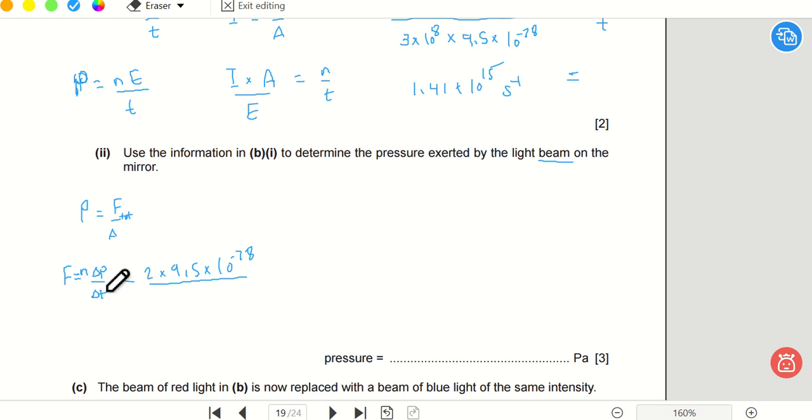Again, N over delta t is the number of photons per time that we calculated here. Okay, so we can write this as delta p over 1 times N over delta t, 1.41 times 10 to 15.